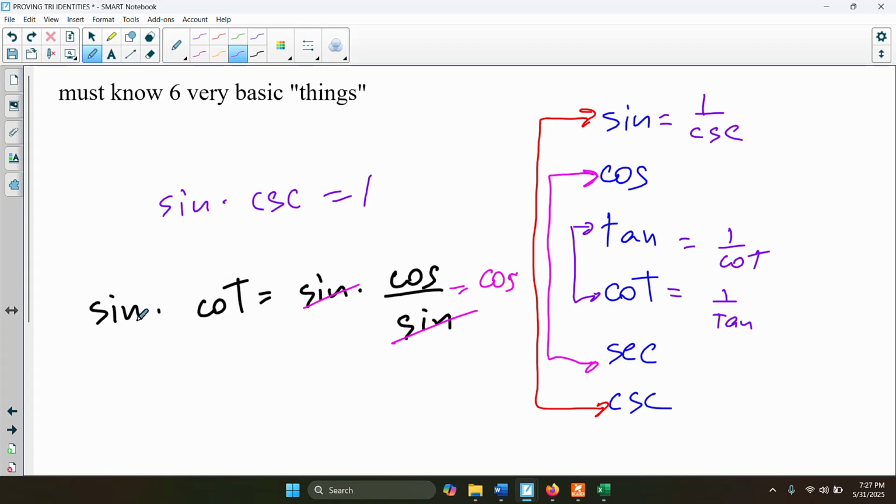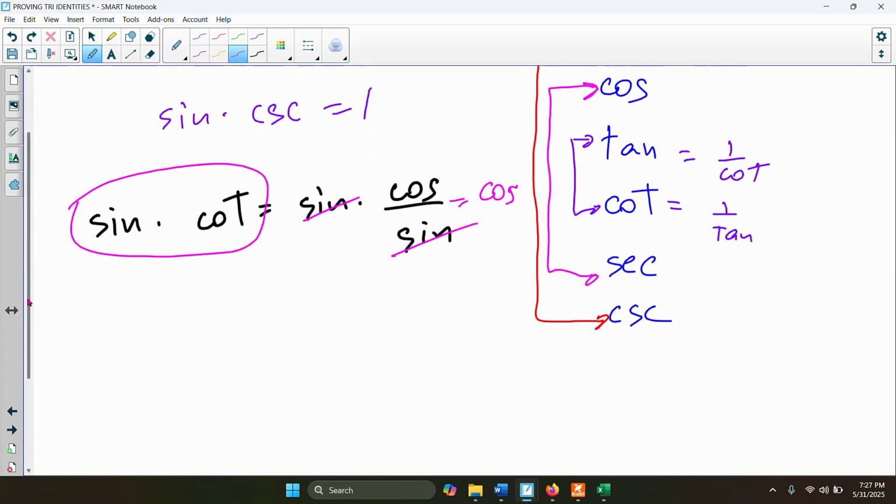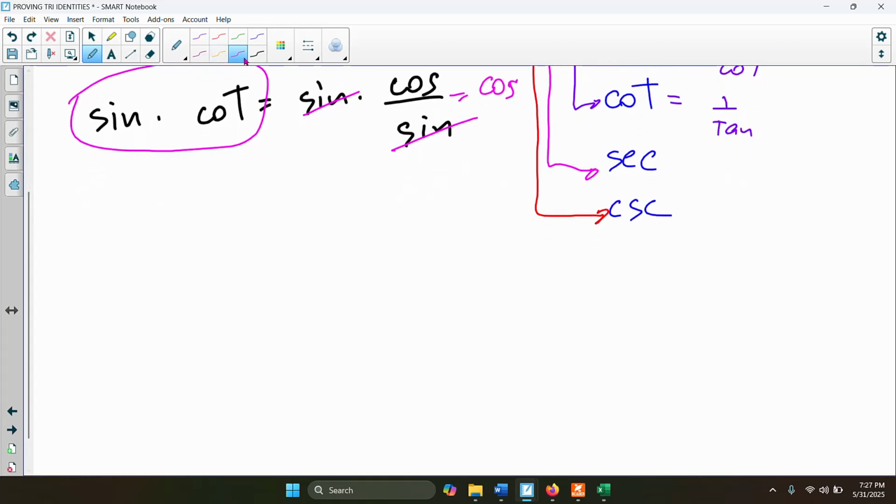And there it is. This could be an early part of proving an identity. They could give you: prove the following, sine times cotangent equals cosine, which looks like, whoa, what is this about?